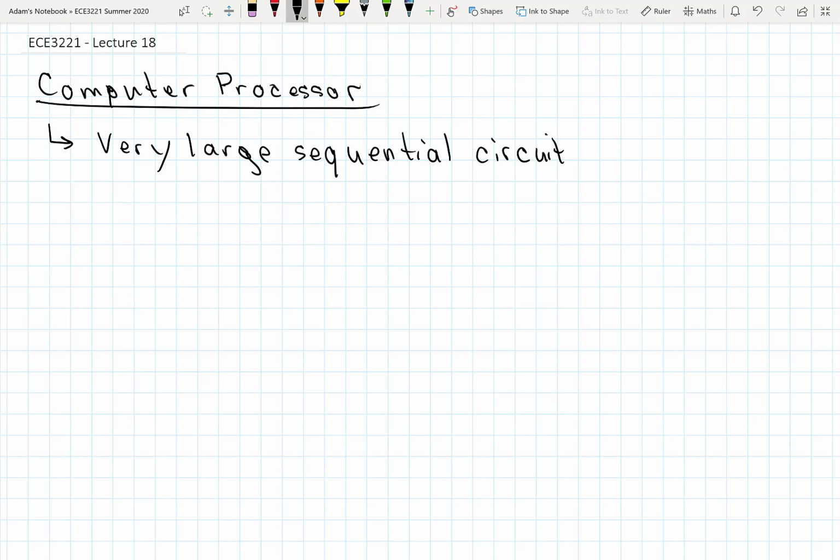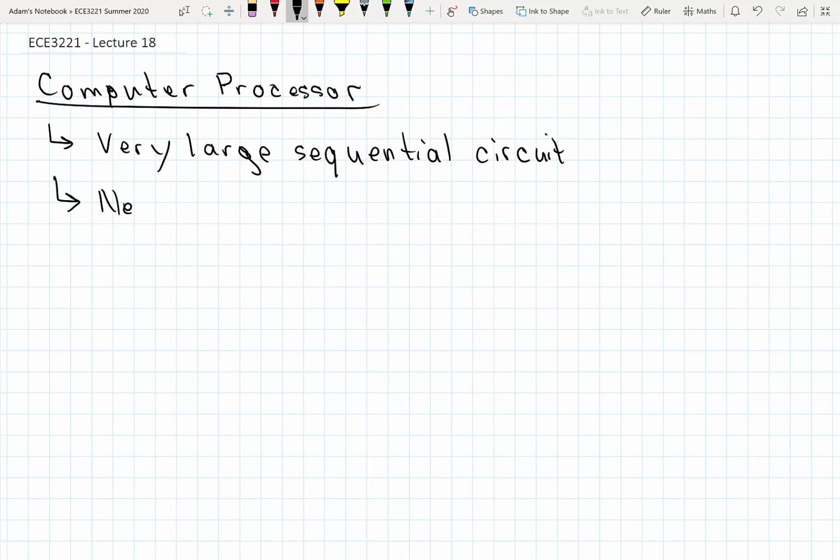That's why we often talk about the clock speed of our computer, because it's on those clock edges that things happen. So it's only at those clock edge instances that we care about the state of the inputs, and that's what's sequential about the processor, like any sequential circuit.